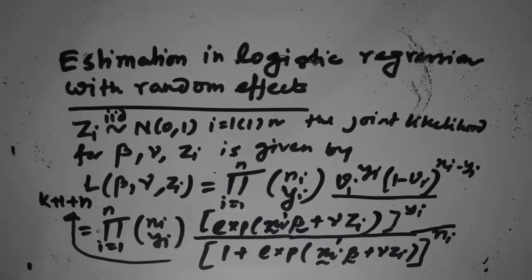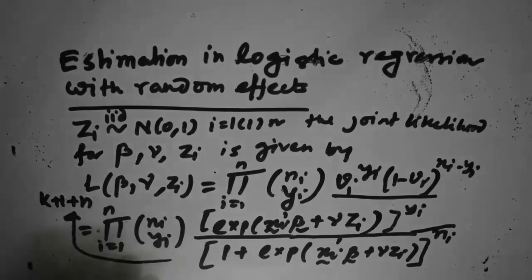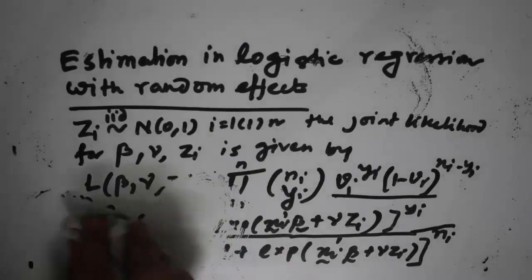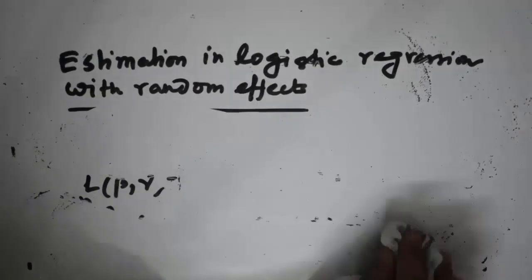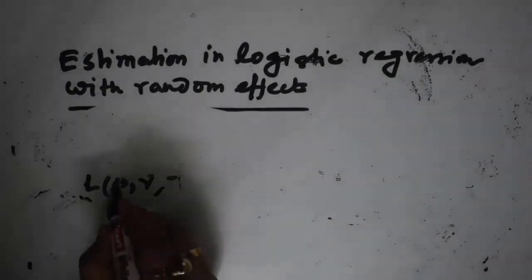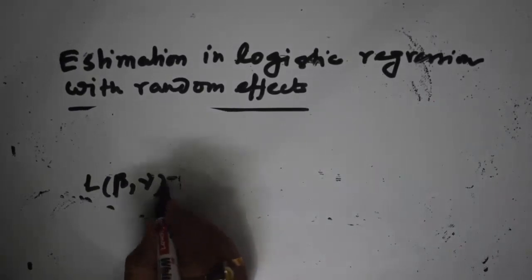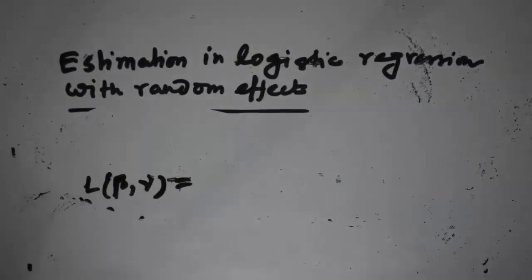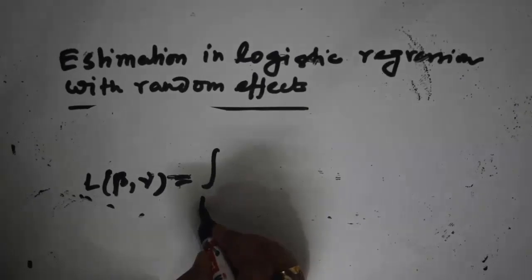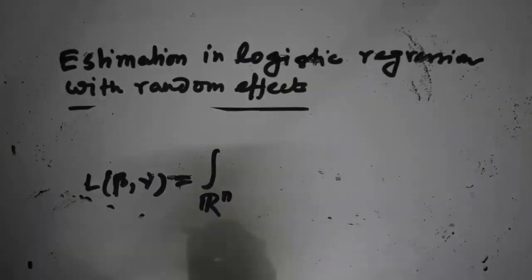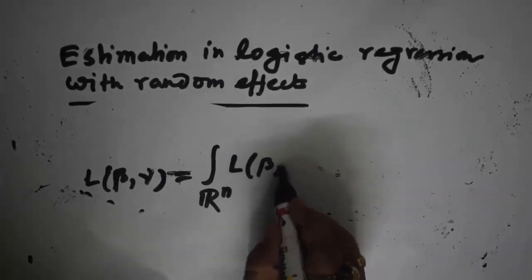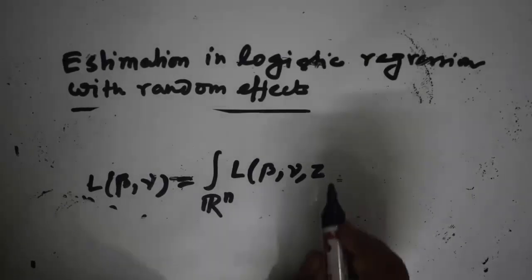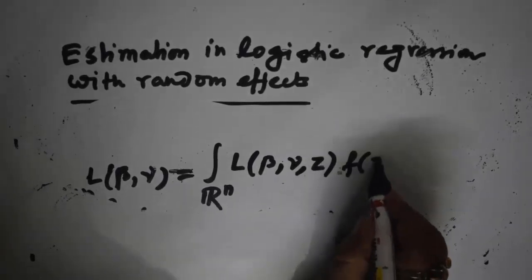Therefore, we need to maximize the marginal likelihood, that is, L(beta, gamma) equal to the integral over R^n of L(beta, gamma, z) f(z) dz.